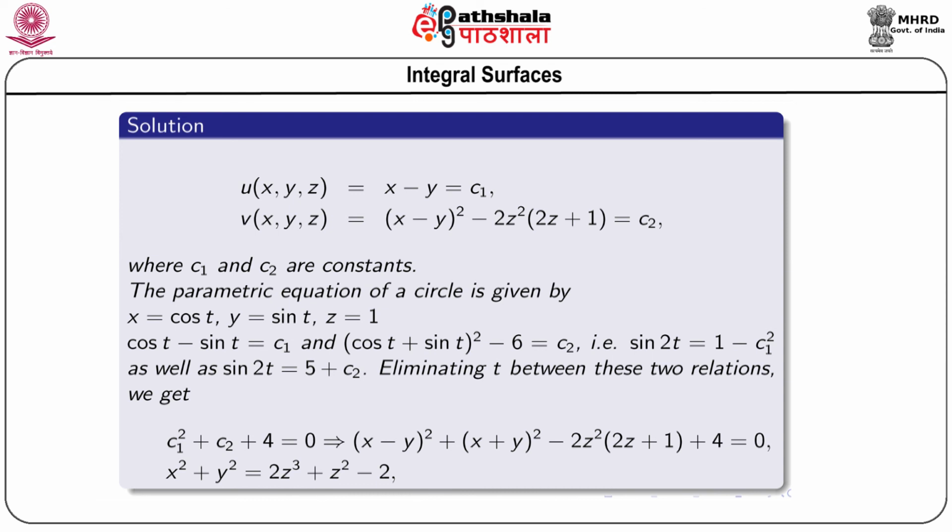After simplification we get the function x² + y² = 2z³ + z² − 2. So, this is our required integral, that means this is the system of integral surfaces which are orthogonal to the given system of surfaces, and it also passes through the given circle.